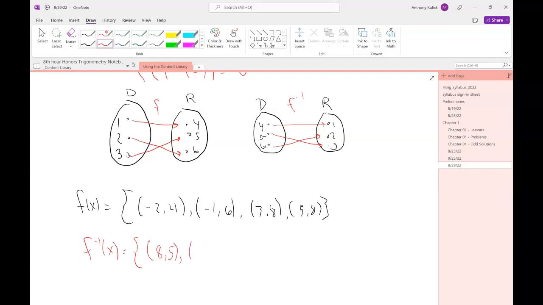What else? 8, 3. Yep. 6, negative 1. And then 4, negative 2. Uh-oh, what do you notice here? Nice work. So we should notice that f inverse here failed to be a function. Oh no!